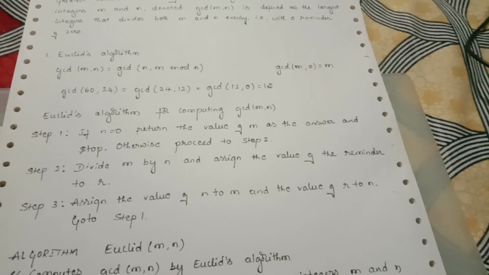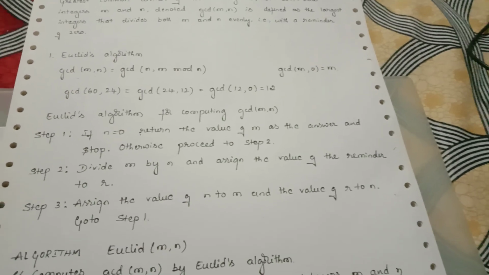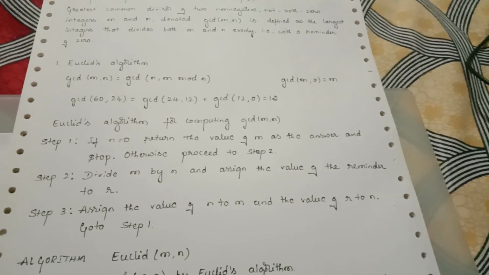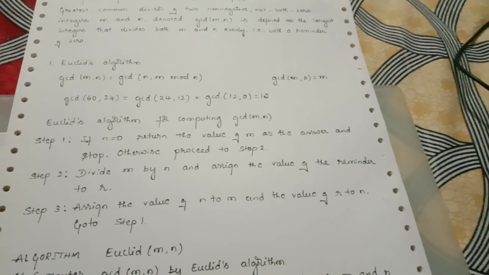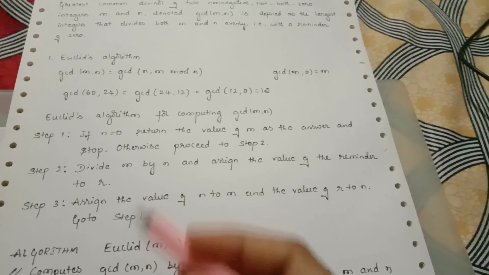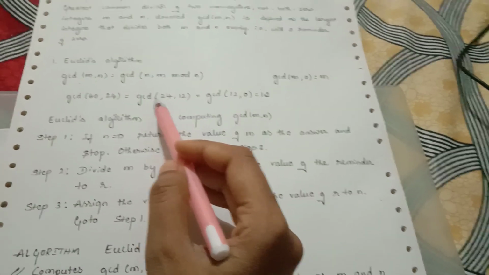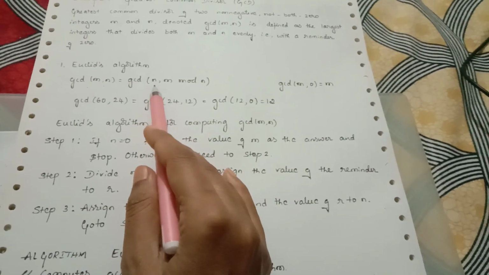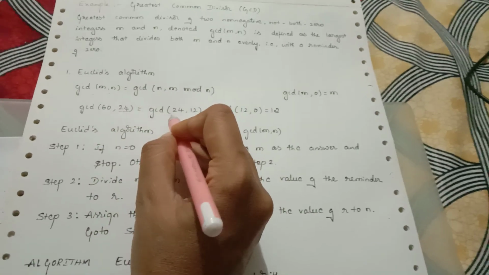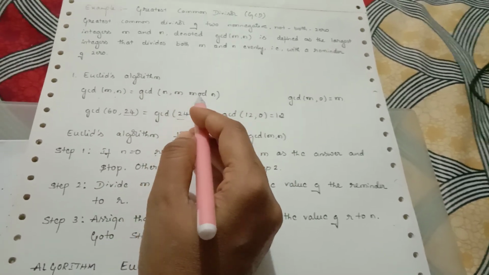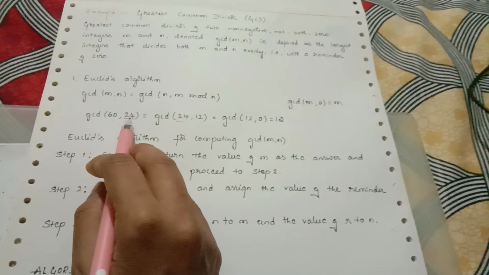For example, let us take GCD of 60, 24. To find this GCD of 60, 24, let us apply Euclid's algorithm. Here you can see the first value is replaced by the n value, that is 24, and the second value is m mod n, that is 60 mod 24.